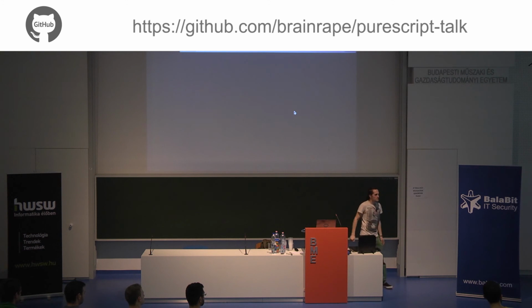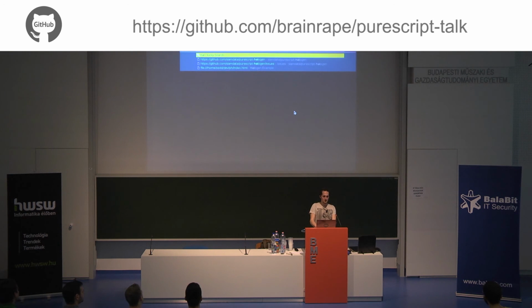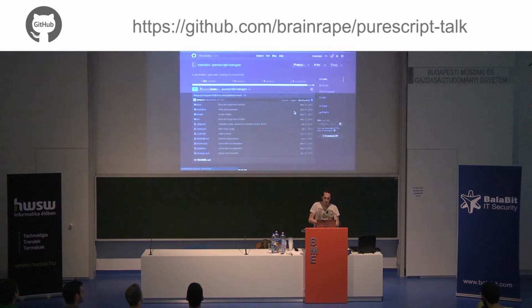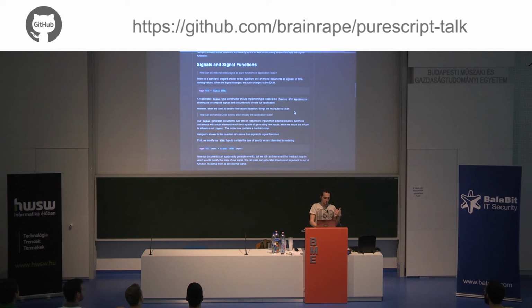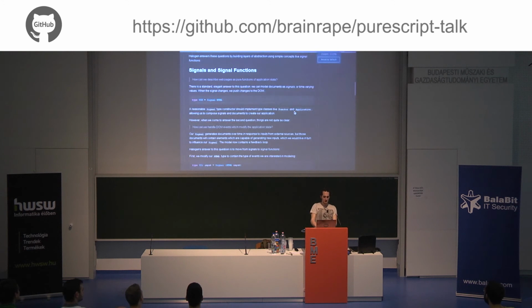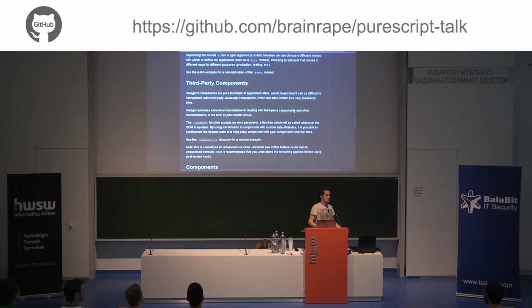Go on. The next question is asking whether for PureScript there is anything like the Angular framework for JavaScript. Yes, there is a front-end library. It's called Halogen. It's the one I mentioned earlier. And the idea here is to have your whole user interface as a pure function.